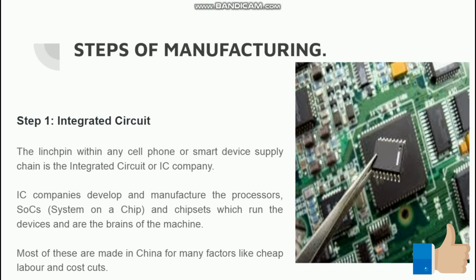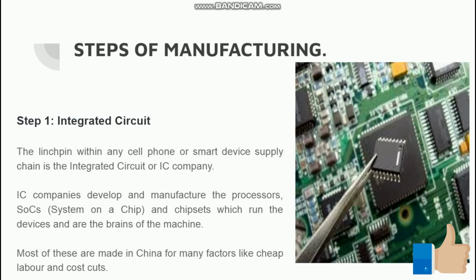Now, what are the steps of manufacturing? I have divided them into four steps. The first step is the preparation of the integrated circuit. The integrated circuit is nothing but a small circuit board with all the components like the processors and SoCs, which are systems on a chip, and the other chipsets which run the device. In simple words, this integrated circuit is the brains of the smartphone, and it is the linchpin of any cell phone.